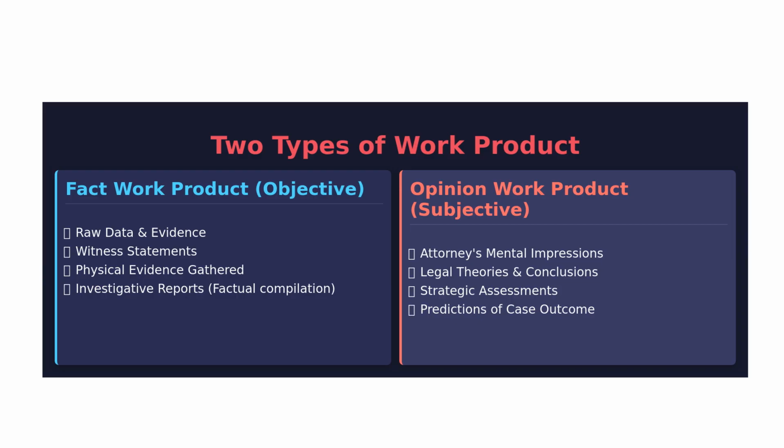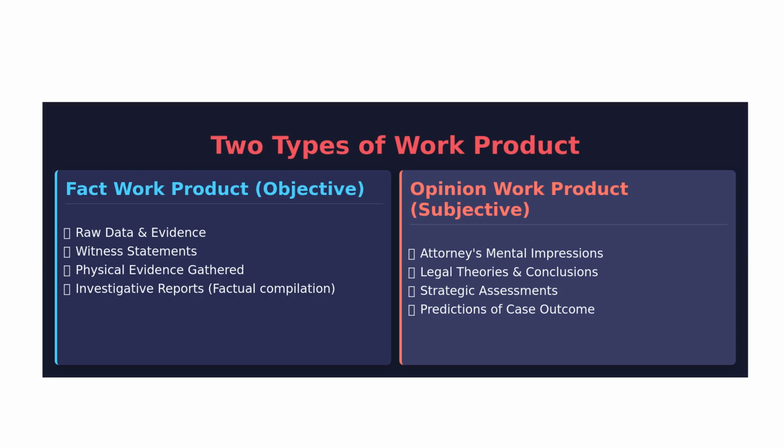The first is fact work product. This category encompasses the raw, objective materials gathered by the lawyer or their agents during preparation for trial. Examples include witness statements, physical evidence collected, internal documents generated solely for investigation, or preliminary drafts that merely compile facts.